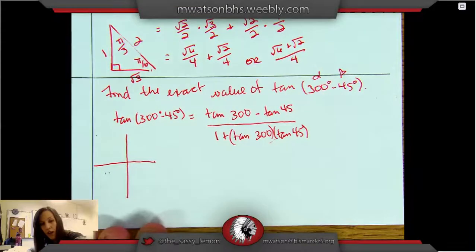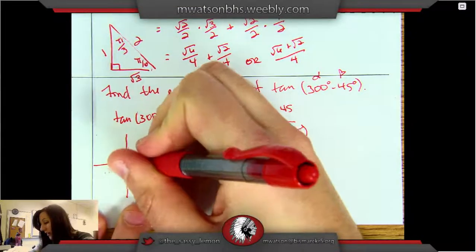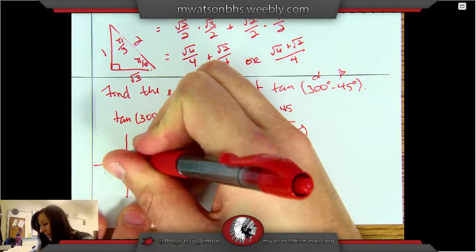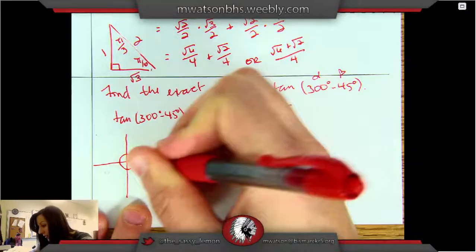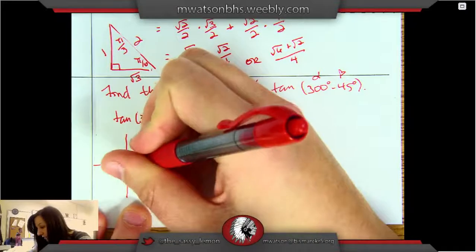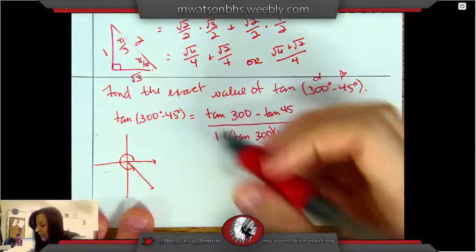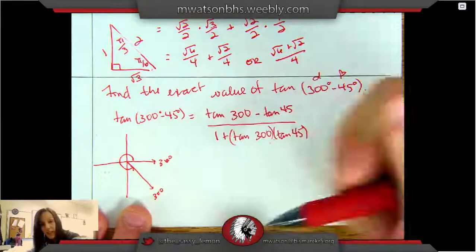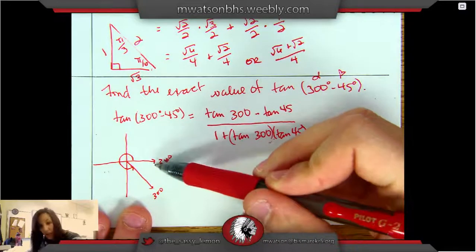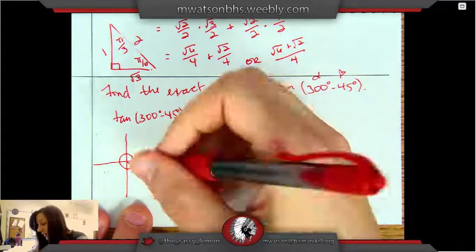So we're going to go here. We're going to draw that angle in a coordinate grid, 300 degrees, so 90, 180, 270, 300 is somewhere in here. So we know this is 360. So if this is 300, the angle measure between here and here is going to be 60 degrees.